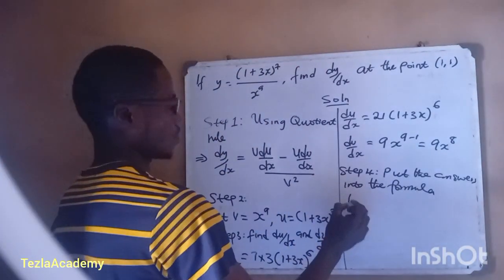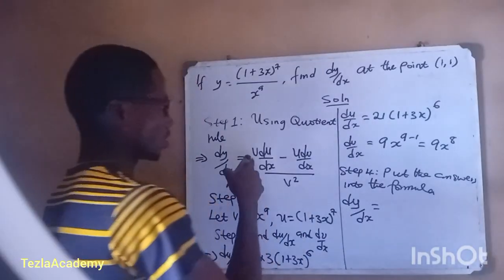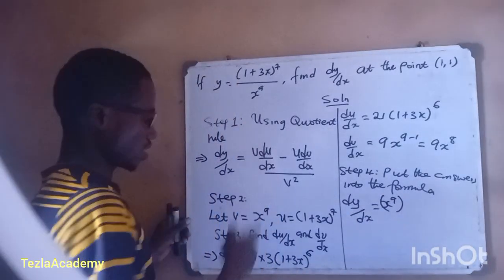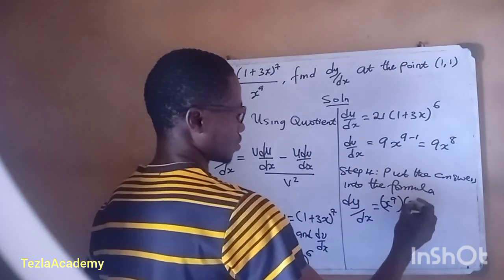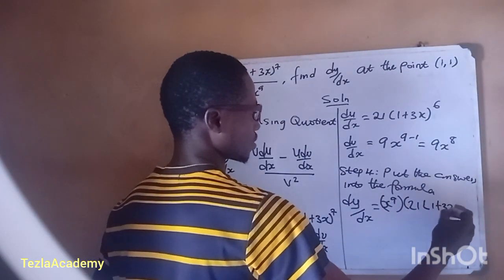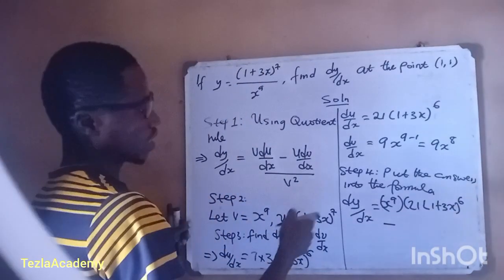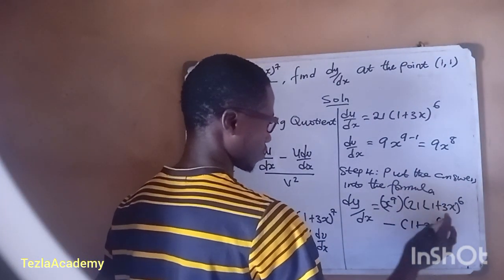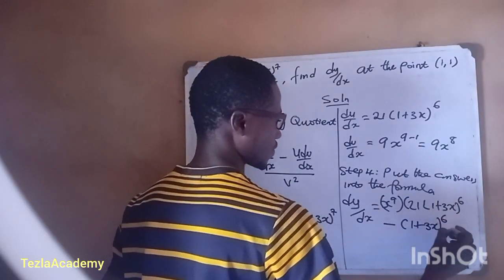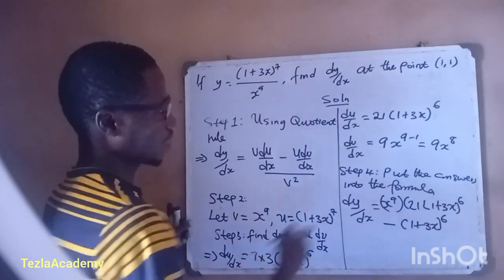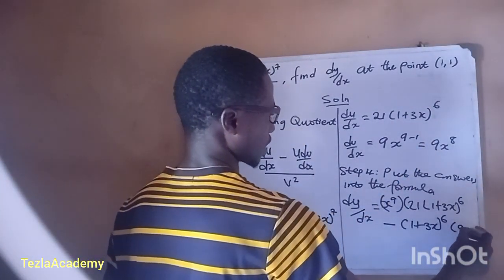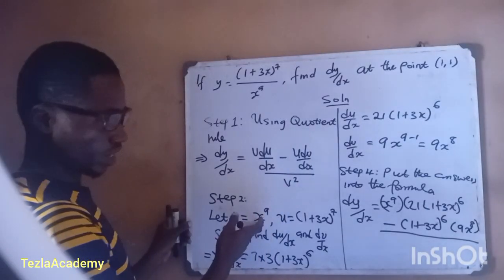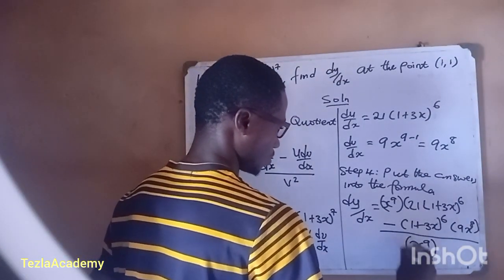So our dy/dx is equal to: v is given here as x to the power 9, times du/dx, which is given as 21 (1 plus 3x) all raised to the power 6, then minus u, which is given as (1 plus 3x), close brackets, power 7, then times dv/dx, and that's (9x to the power 8), all over v squared. v is given as x to the power 9, so (x to the power 9) all squared.